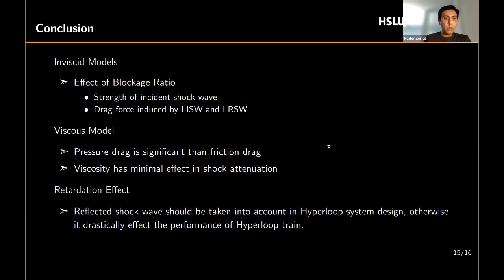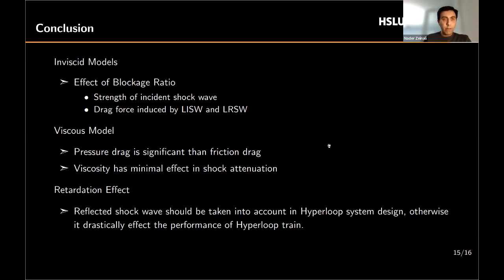And in the viscous model, we were able to differentiate between pressure drag and viscous, friction drag, and we saw that pressure is the main contributor, and also viscosity has a very minimal effect on the shock attenuation.